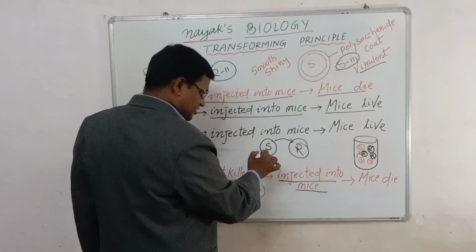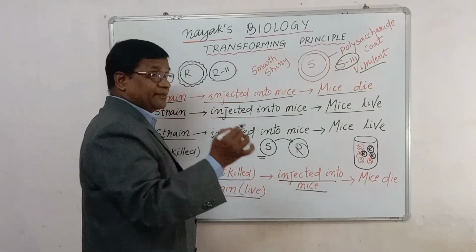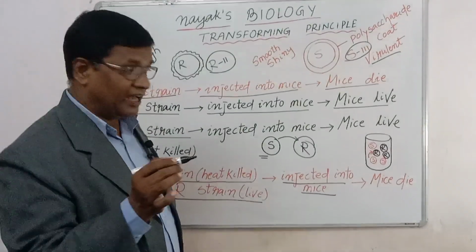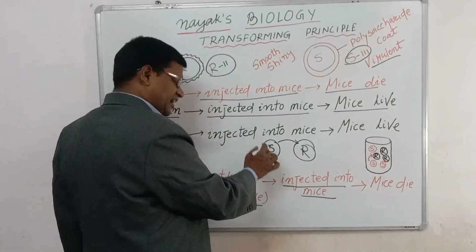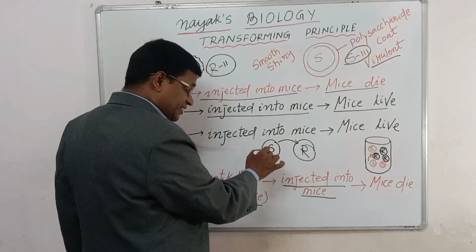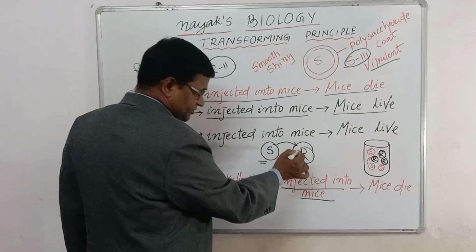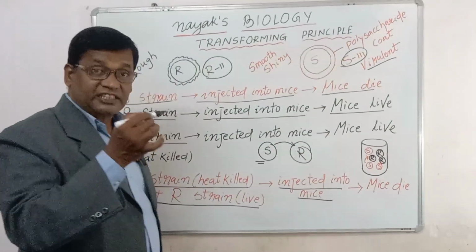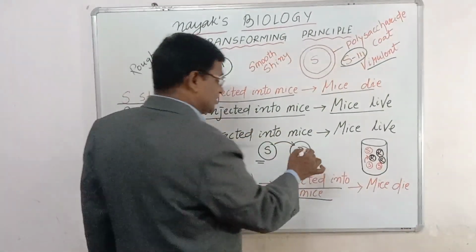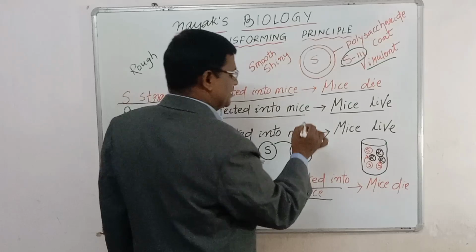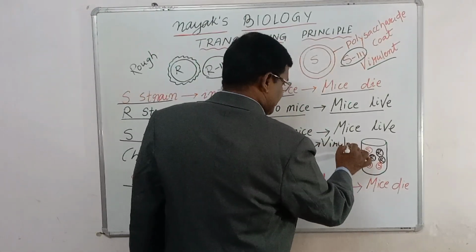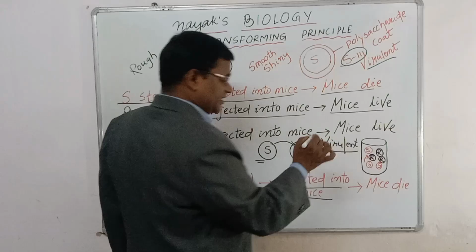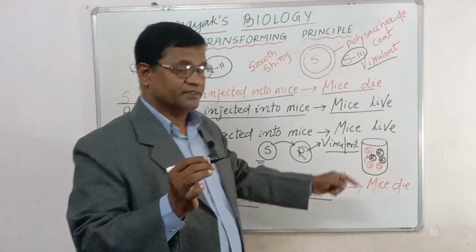Although this S strain is killed, the remaining genetic material of the S strain, although it is non-living because it is dead, is transported to the R strain. When it is transported to the R strain, this R strain becomes able to cause pneumonia, becomes virulent. That means it is able to cause the disease pneumonia, and the mice will die.